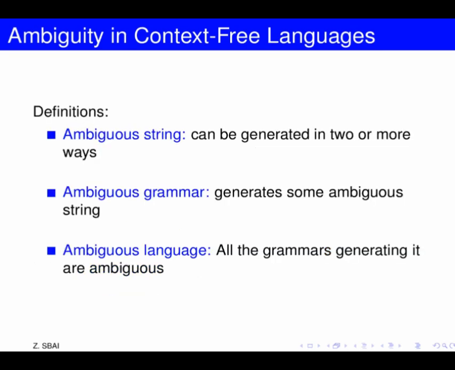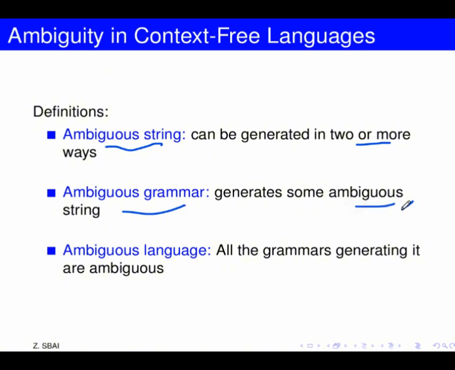Now let's give all the definitions related to the ambiguity concept. We will say that a string is ambiguous if it can be generated in 2 or more ways. We can draw 2 or more parse trees for the same string. A grammar is ambiguous if it generates some ambiguous string.